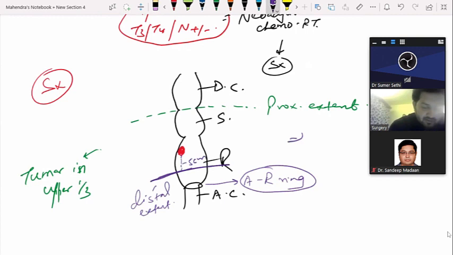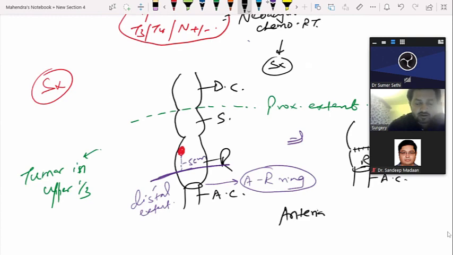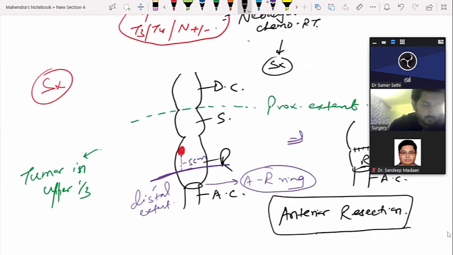And then after removing this, you will join the descending colon with the remaining part of the rectum and anal canal. Okay, so this is known as anterior resection, because you have to take a 5 centimeter distal margin.